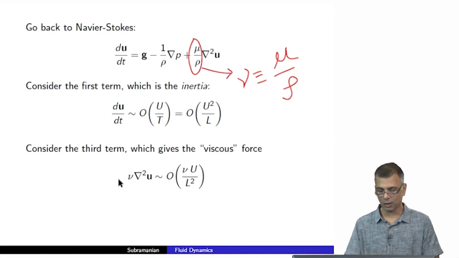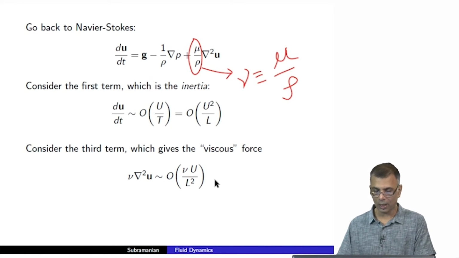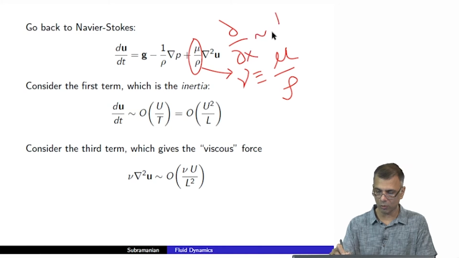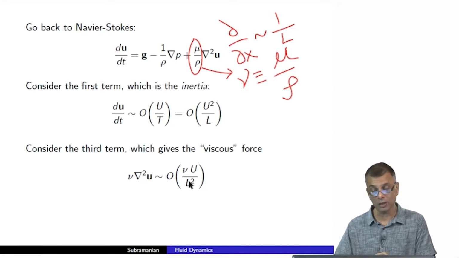And in order to get the order of magnitude of this term, this is a second derivative of u. So it would be something like u over L squared, because the first derivative would be something like 1 over L. So d squared over dx squared would give me an L squared in the denominator.